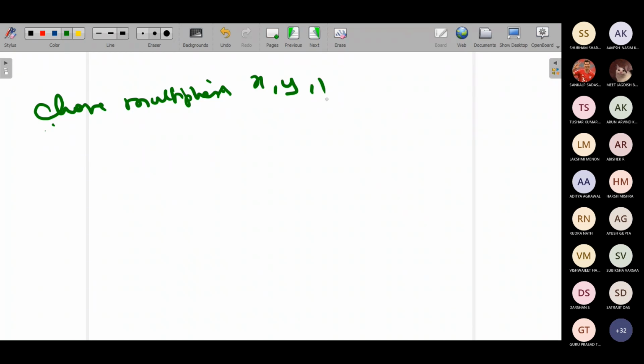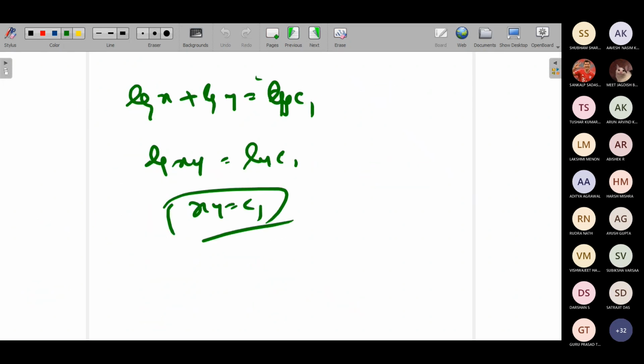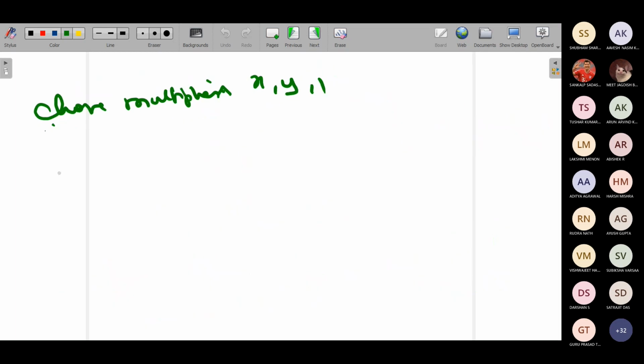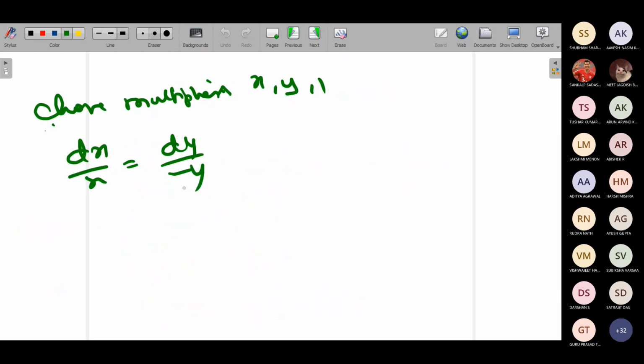Now what I should do, my auxiliary equation will be dx by x equals dy by minus y, correct? The third term was dz by y square minus x square.